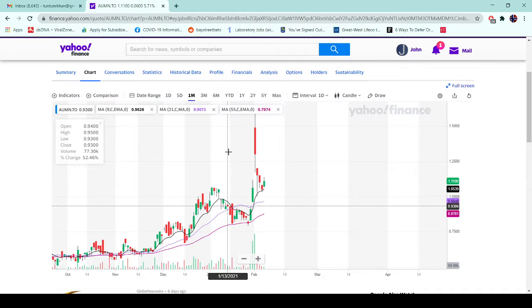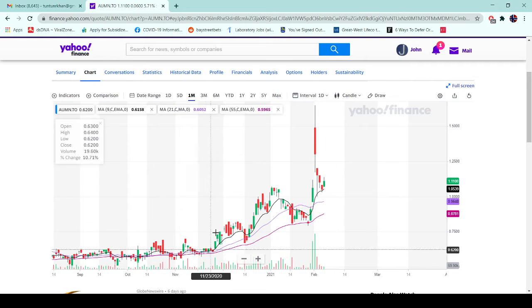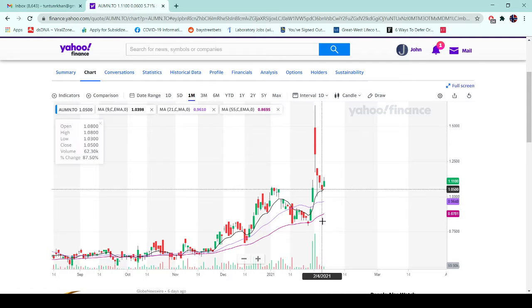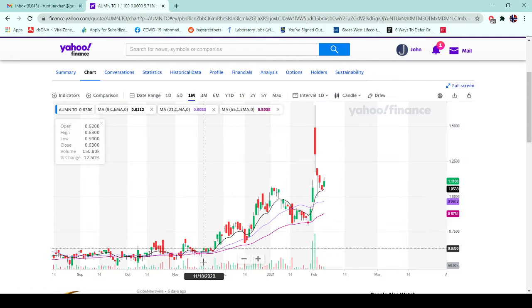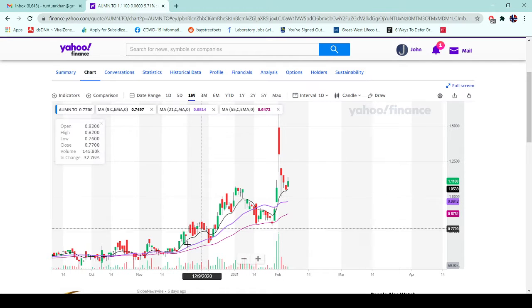So when the longer period moving average is below a shorter period moving average, and all the price lines, these candlesticks you see, are above this line, this line is basically acting as a support line. And that support line is basically just a line where the price bounces off.